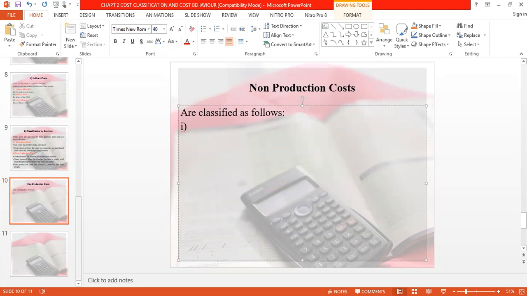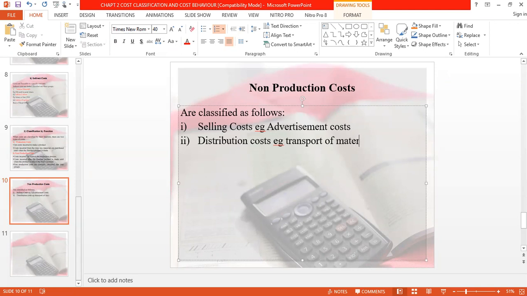Number 1, we have what is called selling costs, e.g., advertisement costs. Next, distribution costs, e.g., transport of finished product to the market.